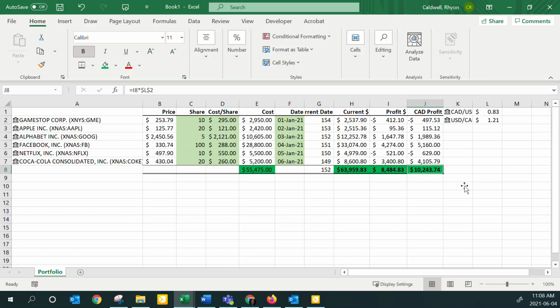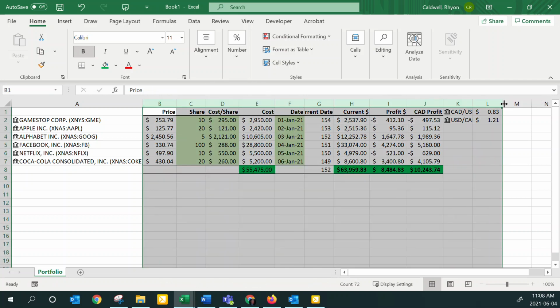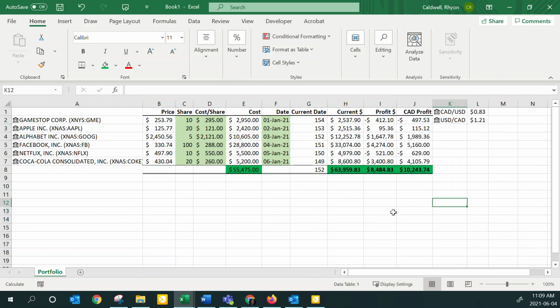All right, so we got the number. What I'm really interested in is my portfolio as of today. On average, over 152 days, I've made $10,000 in this portfolio. And that's a dynamic calculation. I'm just going to highlight all those columns and double click here, and that'll self-adjust everything to fit. All right, so now what I want to do is go in and visualize the data.